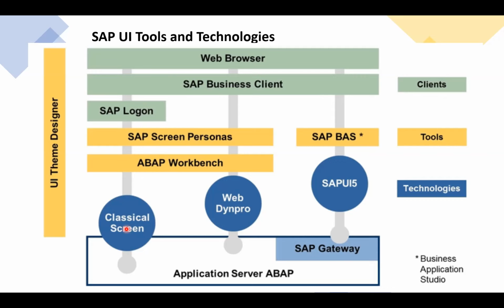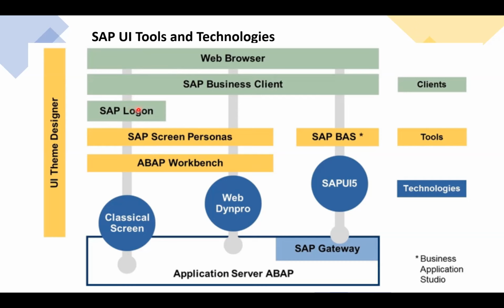These are all the tools and their arrangement between the application types, the servers, the backends, etc. If you see here, we have on top the consumer web browser and SAP Business Client, and underneath it SAP Logon. These are the arrangements, but they are all on the same layer.